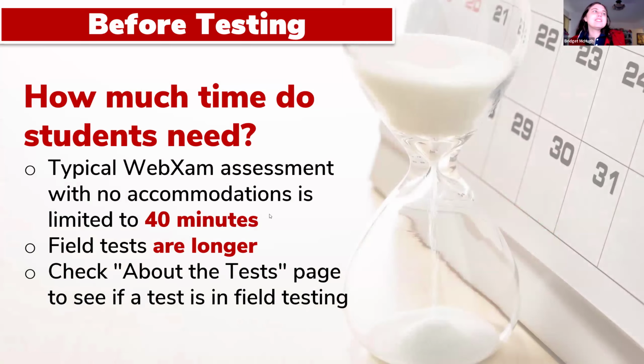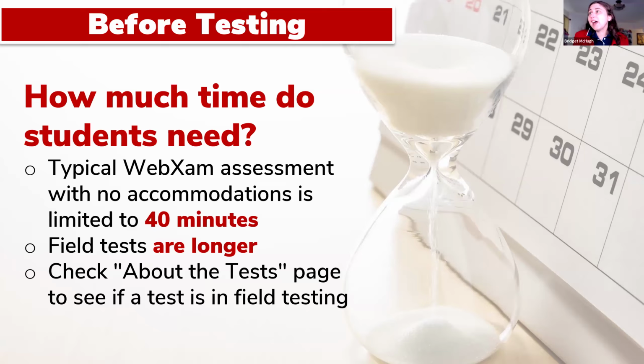Another thing you want to consider at this point is how much time the students are going to need for the test. We have built-in time limits. If you've been doing this for a while, you probably know how much time it's going to take. It's going to take 40 minutes, because we give about 1 minute per item. We know that is enough time.